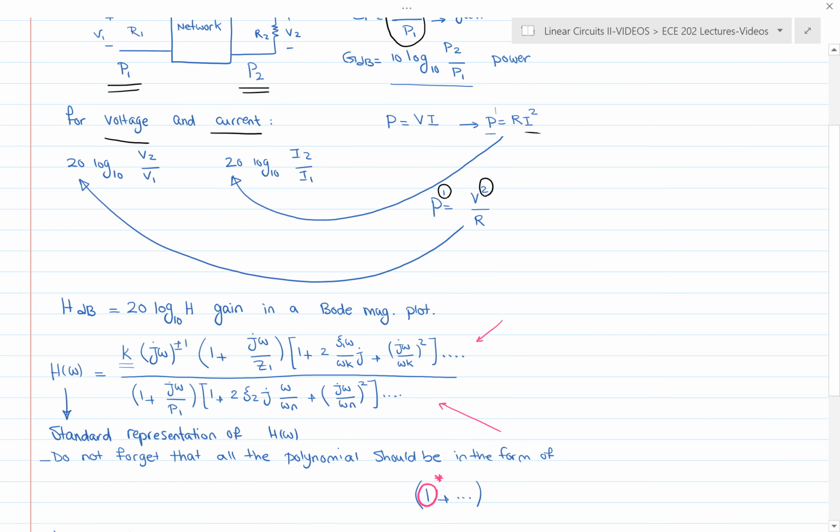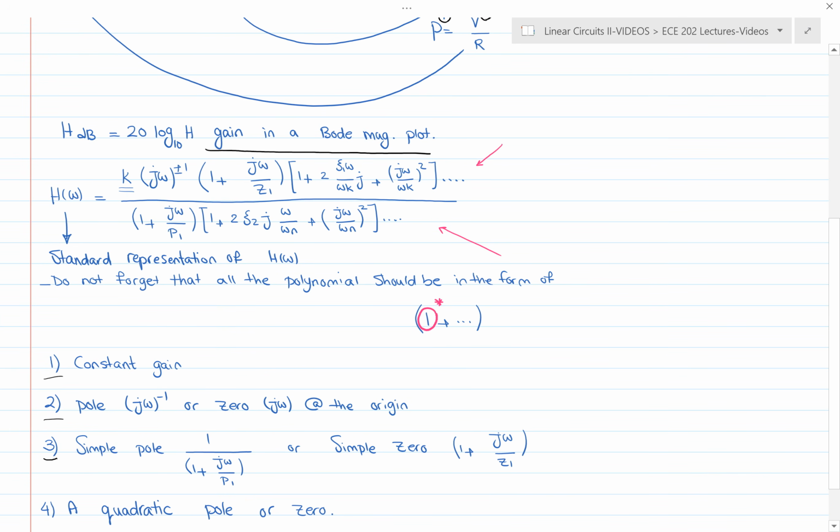All right, so H in decibel is equal to 20 log 10 of H, which is the gain in a Bode magnitude plot. Okay, so let's see how we can draw this Bode plot and where we have to start.